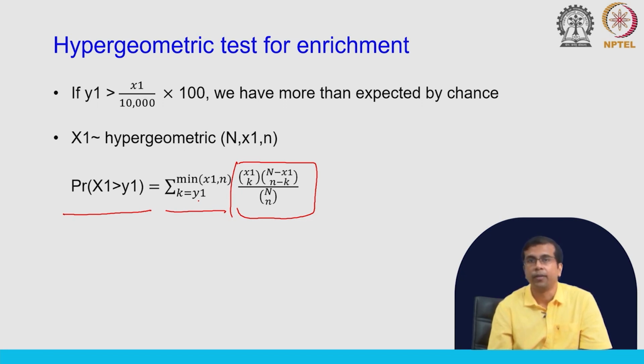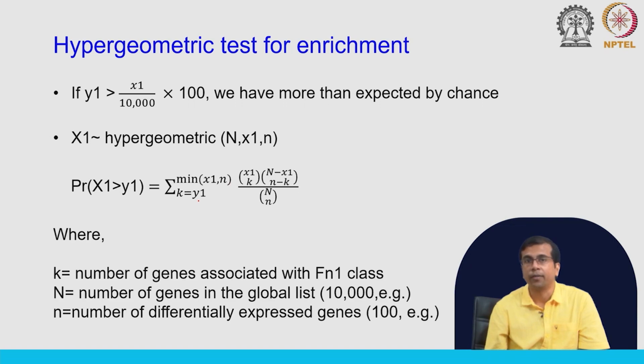Okay. So, this will give us the probability of observing more extreme values compared to y1. You can look at the hypergeometric distribution formula and you will see we can calculate this in this way. Here, just to mention, k is the number of genes associated with function 1.